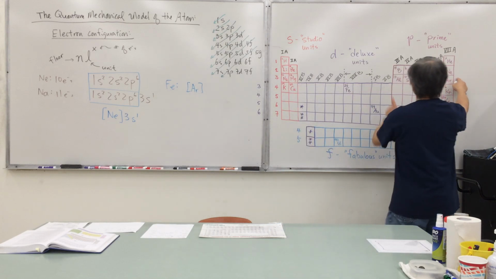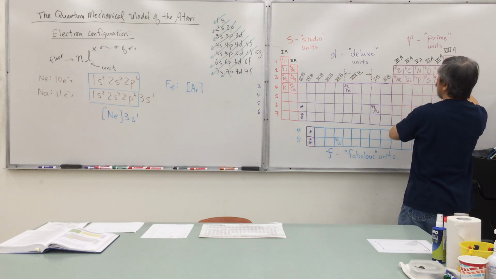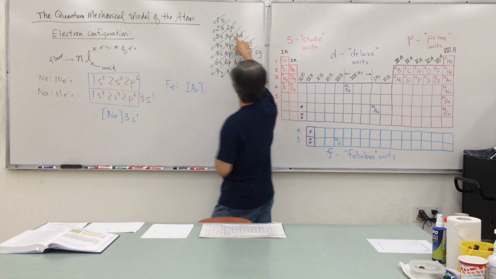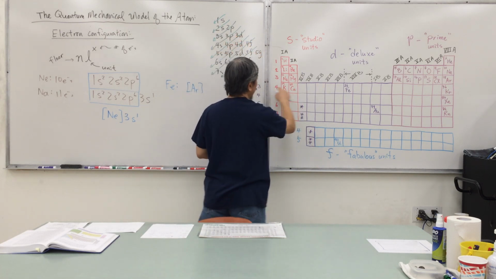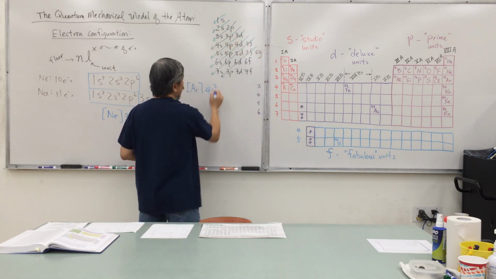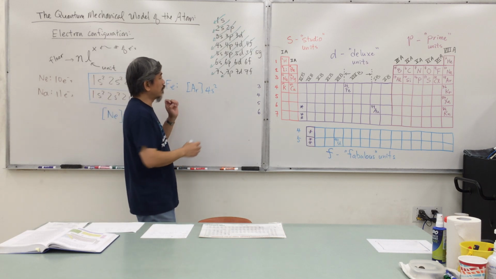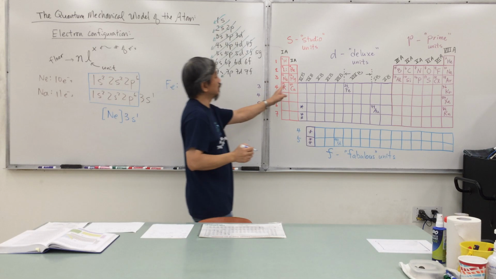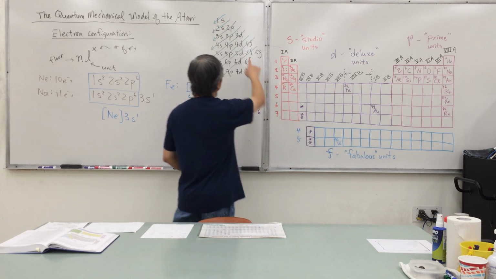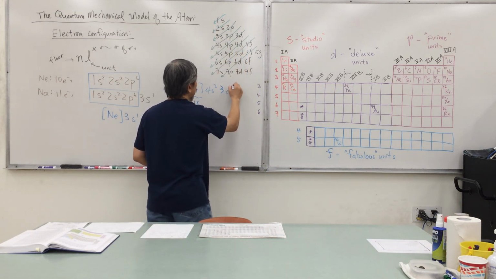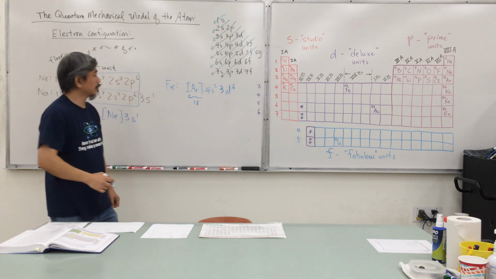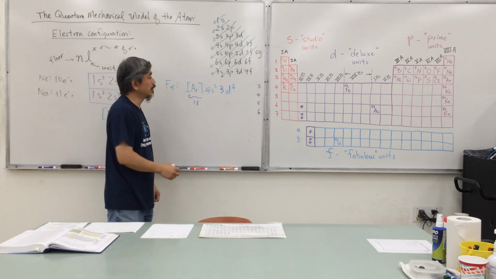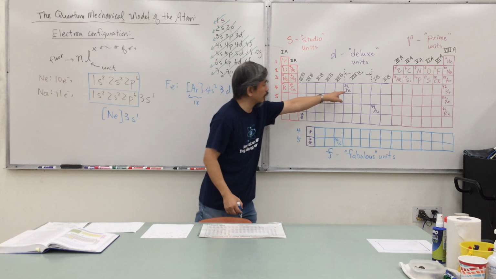Argon just finished up the what? 3p, so after 3p, you go to now 4s. Now this is 4s, and you then put 2 electrons in the 4s, and you don't have enough yet because argon has 18, you only have 20 so far. The next step, of course, is now to put 6 more in the 3d6. So altogether you now have 26, giving you the number of electrons for iron.